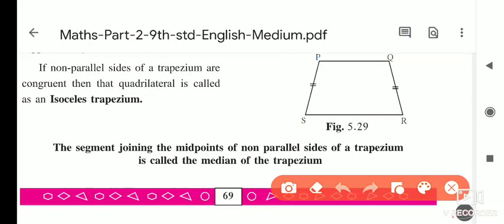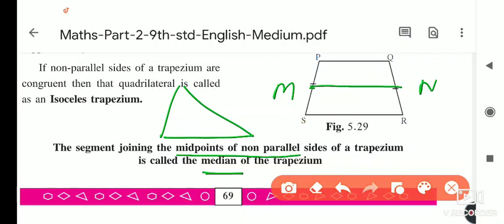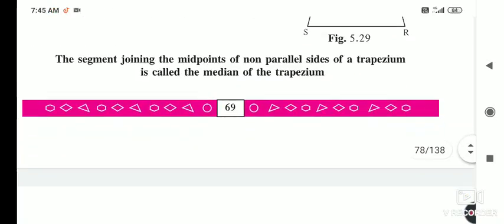Now if you see here, suppose PS and QR are the non-parallel sides, and here is point M and here is point N, these are the midpoints, and the line joins M and N. M and N, the midpoints of the non-parallel sides, joined by a segment, then this MN is called its median. Just as a triangle has a median, where the midpoint of the opposite side and the opposite vertex are joined by a segment, that segment is called its median. So in that way, MN is the median in this figure.